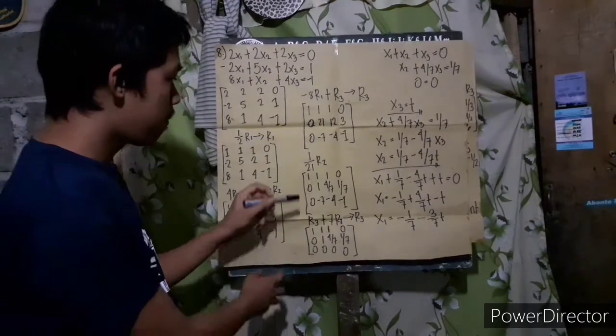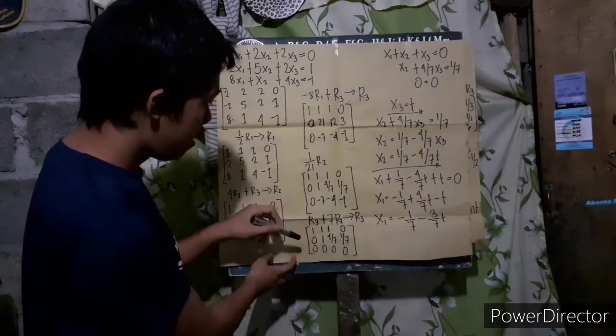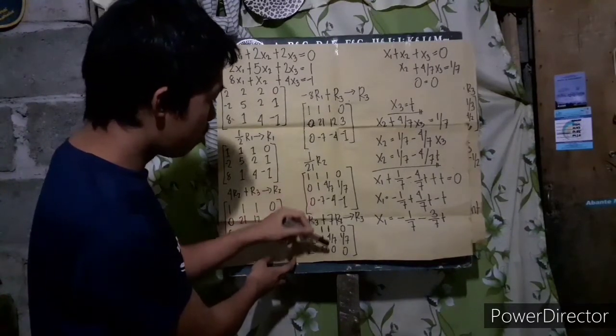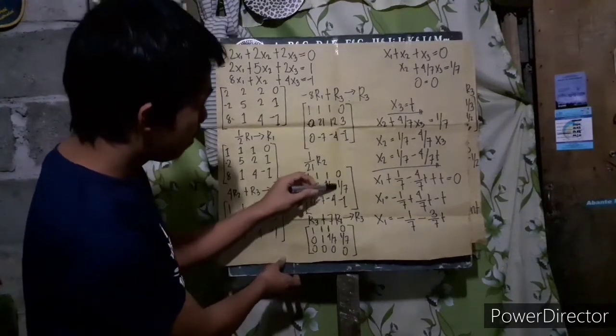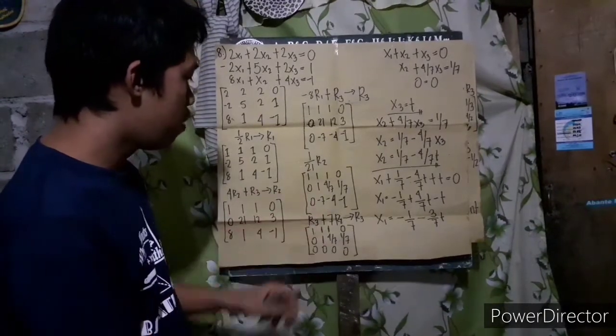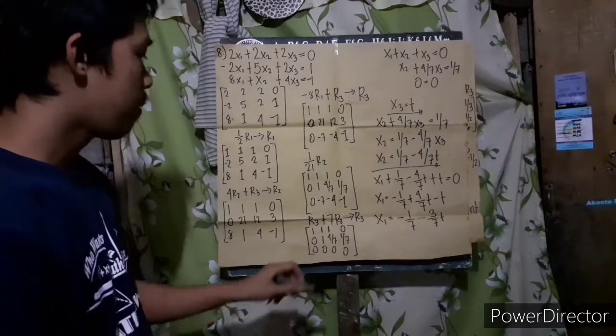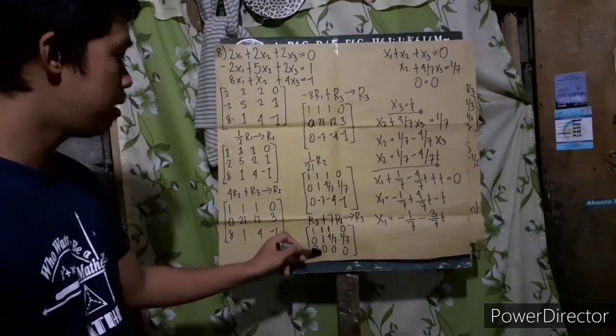Next is 7 times 4 over 7, plus negative 4, so 0. Then next is 7 times 1 over 7 plus negative 1, which is 0. So we already have our new linear system here, since we gathered all the 0s on the side.